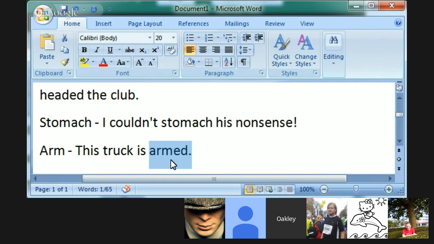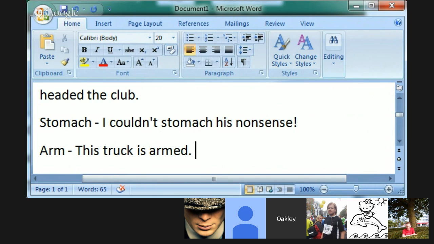It's describing the truck. It's an armed truck. So not only can it be a verb, it can also be an adjective. If someone is armed, they have weapons. The armed soldier, the armed security guard, like that.